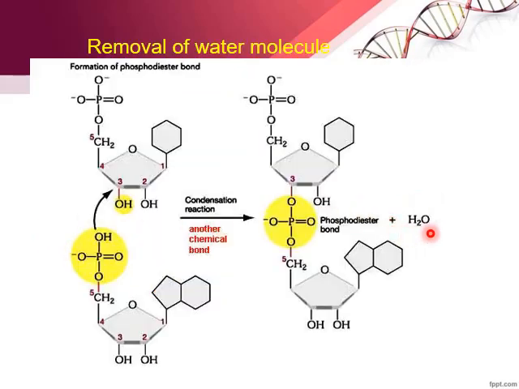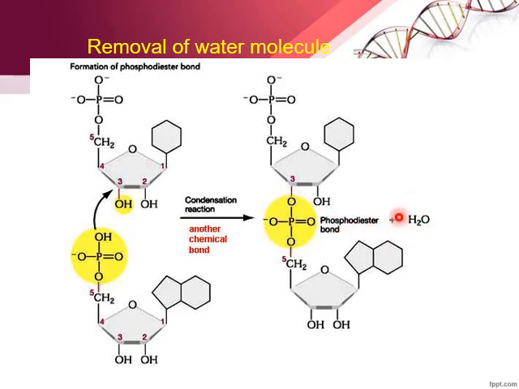This water molecule released in this condensation reaction takes part in the removal of pyrophosphate. Now you can see that the water molecule is released, and the phosphorus is now attached to the 3' carbon through a special kind of bond. This bond is known as an ester bond. This is another ester bond, and these two are known as the phosphodiester bond.